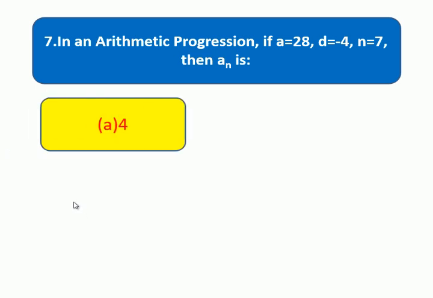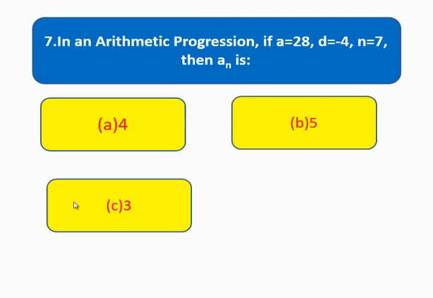So it was repeated and very simple. You have to find the correct one. The options are 4, 5, 3 or 7. It's a repeated question, so just find the correct one quickly and write it down. Okay, now move on to question number 8.